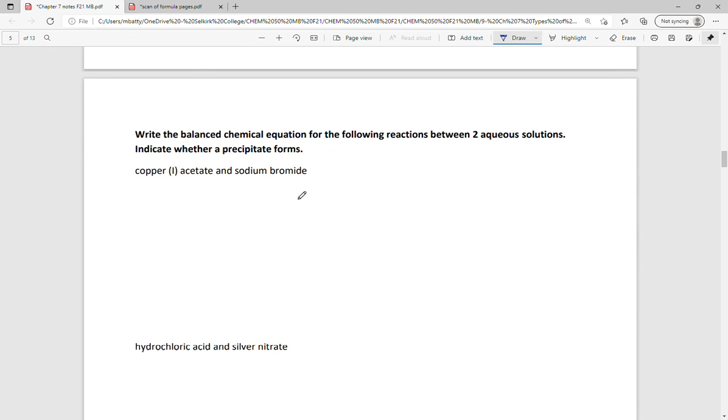For all of these, we're going to practice writing a balanced chemical equation, starting with the words as the reactants. So copper 1 acetate. If you're watching the video, you might want to pause it just so you can catch up with the nomenclature. It is going to mix with sodium bromide. And I'm taking the time to think through those combining capacities to get to this answer. Then I'm going to practice this pattern of double displacement.